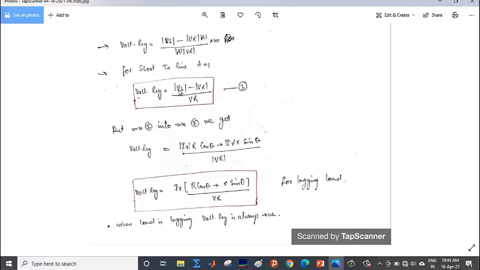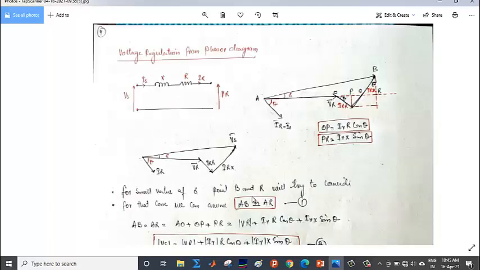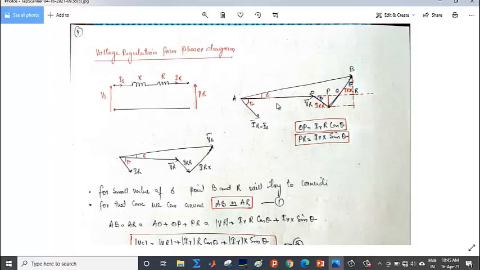So the numerator will be IR R cos of theta plus IR x sine of theta, and Vr is as it is. Taking IR outside, this will be equal to IR times R cos of theta plus x sine of theta divided by Vr. So this is the voltage regulation for lagging load, but please make sure that this is only valid when delta is very small, because we are assuming AB equal to AR.